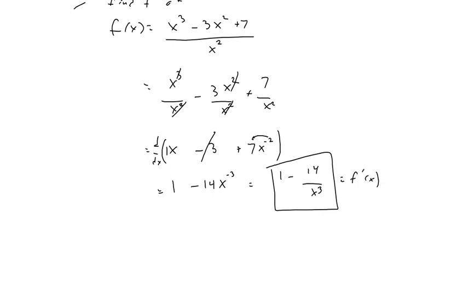To see how simple rules like that can help us reduce a complicated looking problem into something pretty easy: take this complicated problem, break it into its pieces, find the components, use the exponent rule, and break it down into its derivative. Much easier than using the derivative definition.